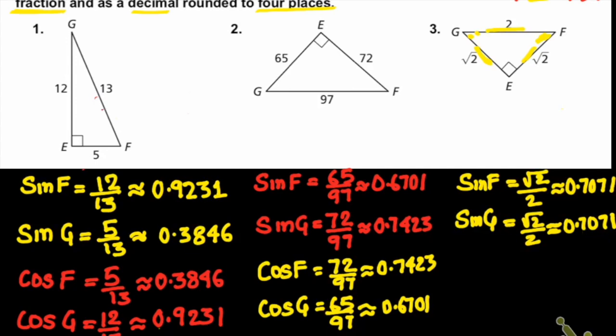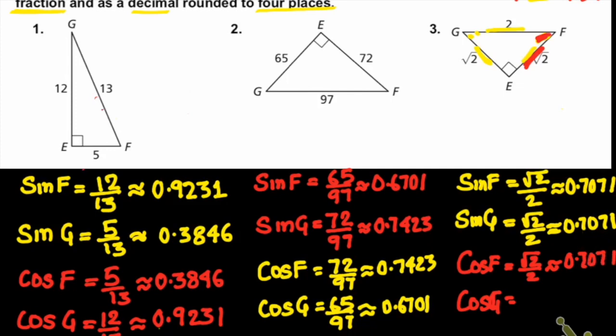All right, now I have to find cosine of f and cosine of g for the above triangle. If I just look at it, f is here and cosine is adjacent over hypotenuse, so again root 2 over 2, 0.7071.